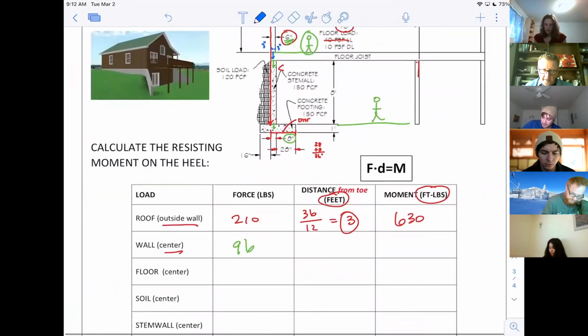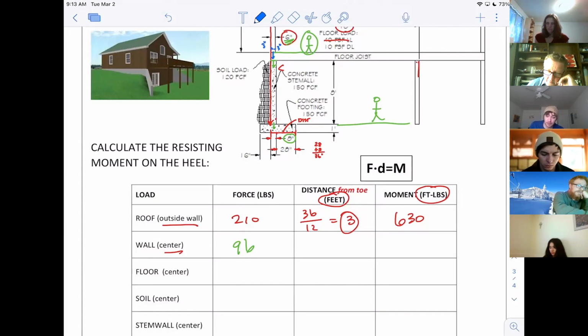So what did you all get for the distance then? The distance for the wall, I got 2 feet 8 inches. Say again? 2 feet 8 inches. Yes, except you want to be able to multiply it. So you're better off to say, well, it's 3 inches smaller than 36.